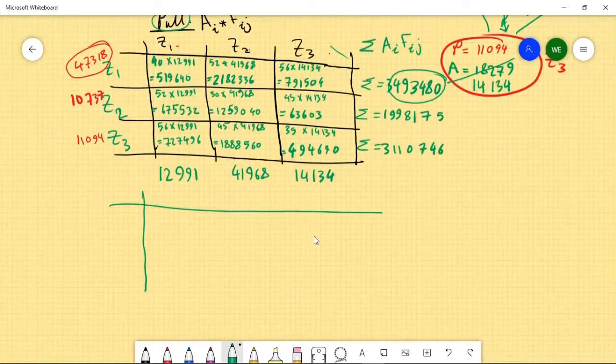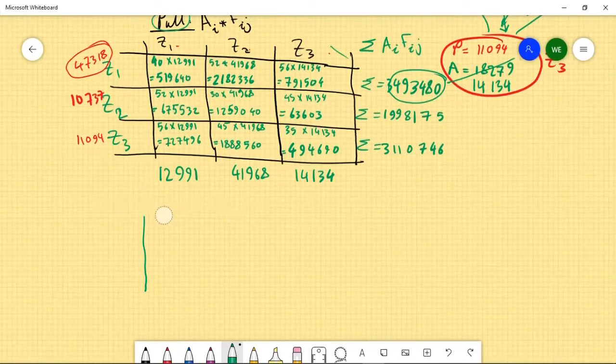Let me just do this in a separate way, not in matrix form. I'm going to do this just for one zone, and you will do the rest and submit it as homework. So trips from 1 to 1 equals, what is the production? 47318. Or let me write the formula first for you.